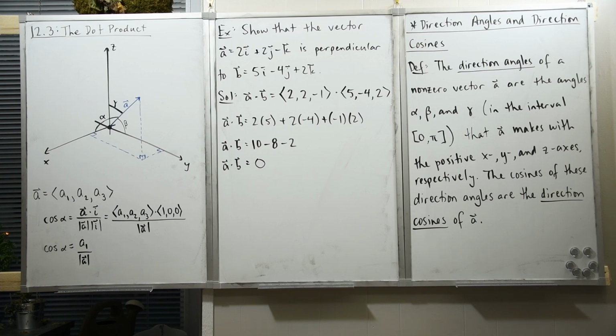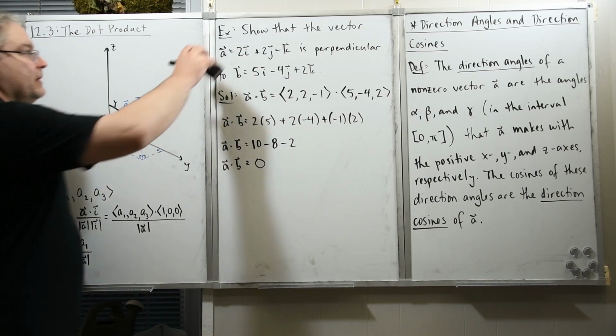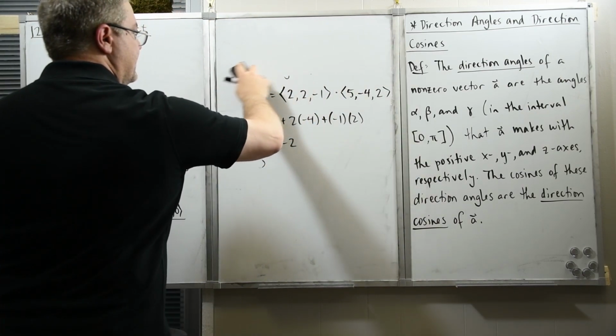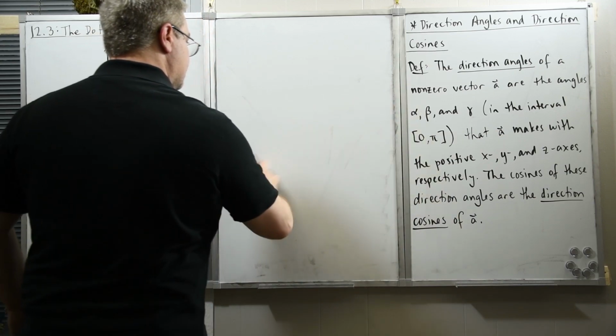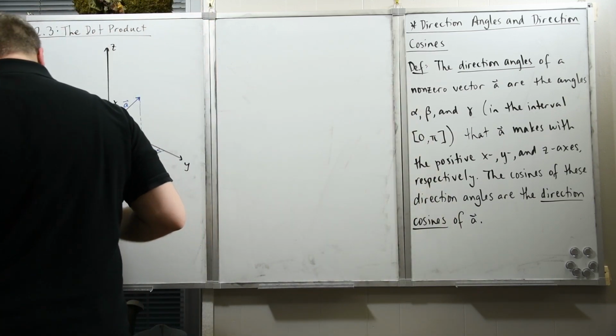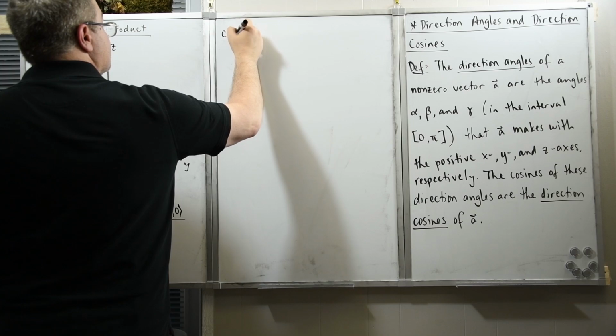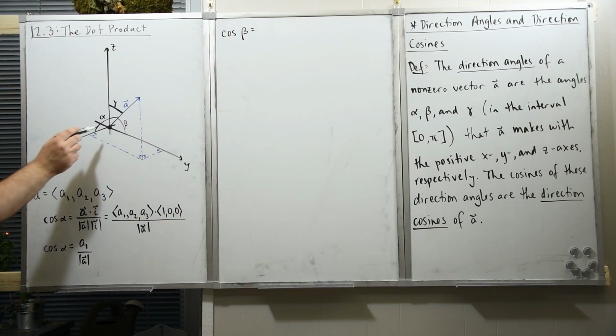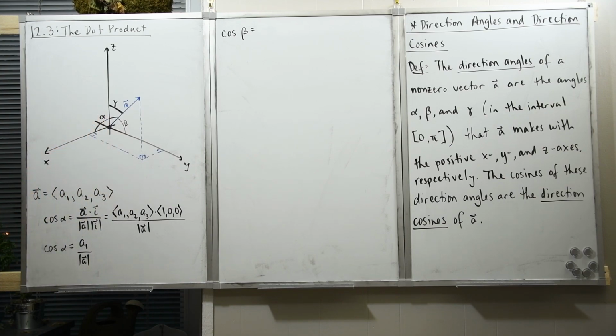Now, in a similar fashion, we can figure out what's going on with the cosine of beta and the cosine of gamma. Now remember, beta is the angle that the vector A makes with the positive y-axis. But remember, J is a unit vector that points in the direction of the positive y-axis.